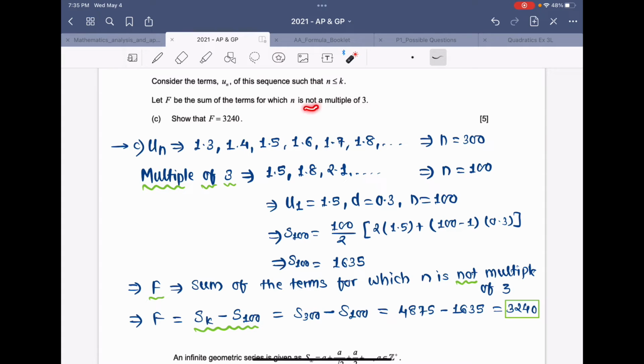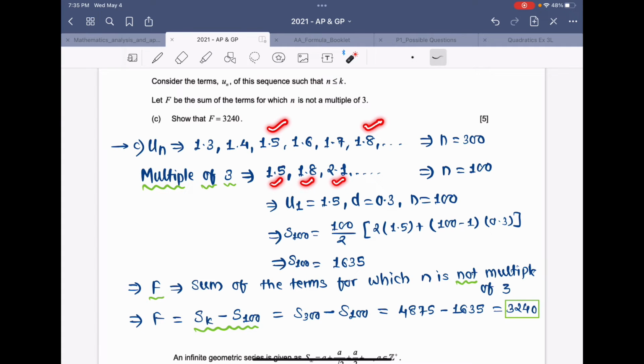They are asking not multiple of 3, so we are doing the reverse process. We will do it for multiples of 3 and subtract from that. So I am finding multiples of 3, which is basically 1.5 the first term, then 1.8 the second term. So you can see that after every 2 terms, the third term would be a multiple of 3. So 1.5, then 1.8, then obviously the next term would be 2.1.